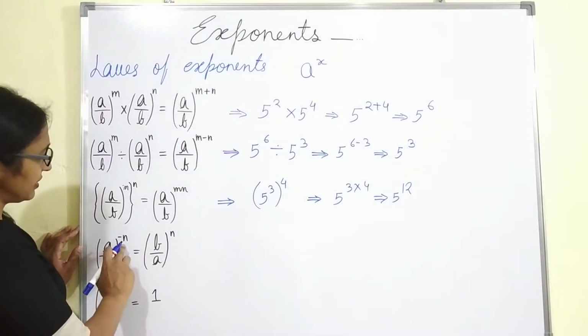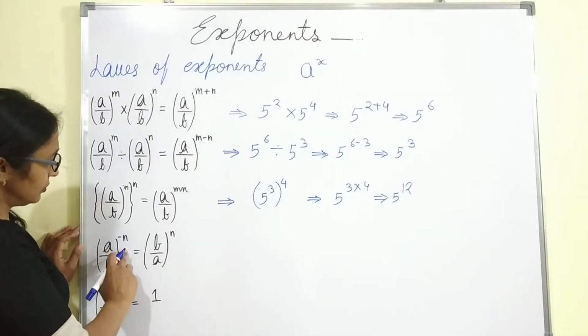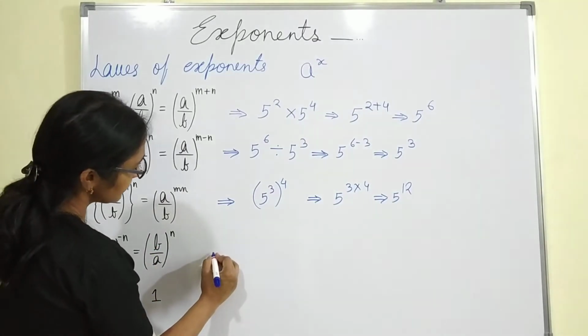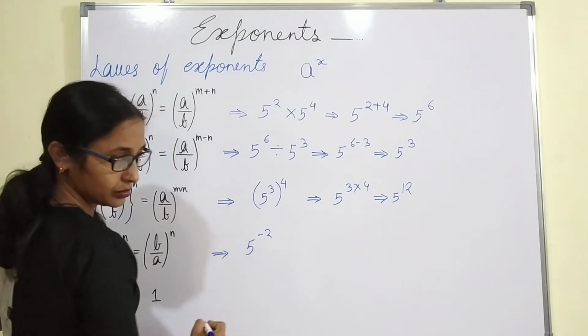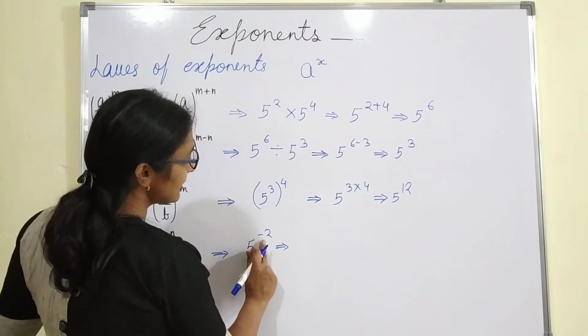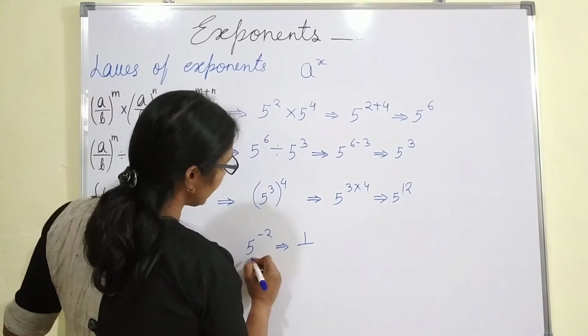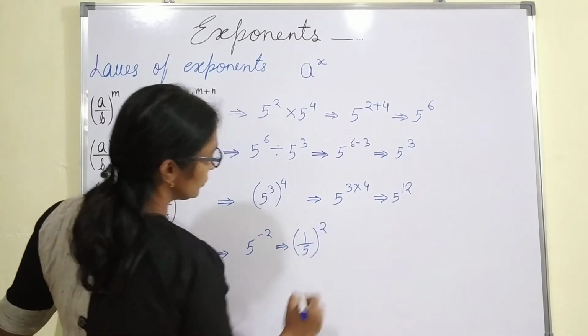If any number has a negative power, the number becomes its reciprocal. Suppose 5 power minus 2. The power is negative, so to make its power positive, we will reciprocate this number, meaning 1 upon 5 power 2.